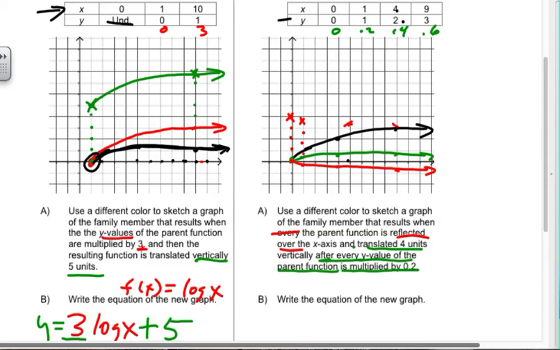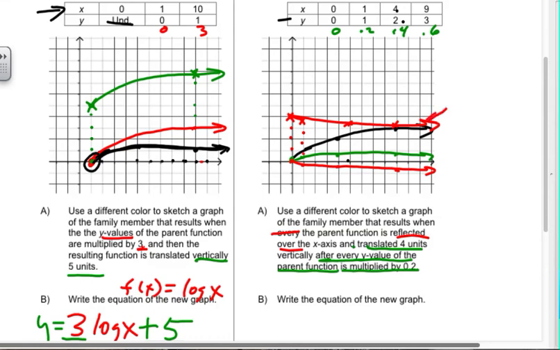And 4. Let's stick with the red for this one. So this is after I translated vertically and I've reflected. So this is my final function right here.